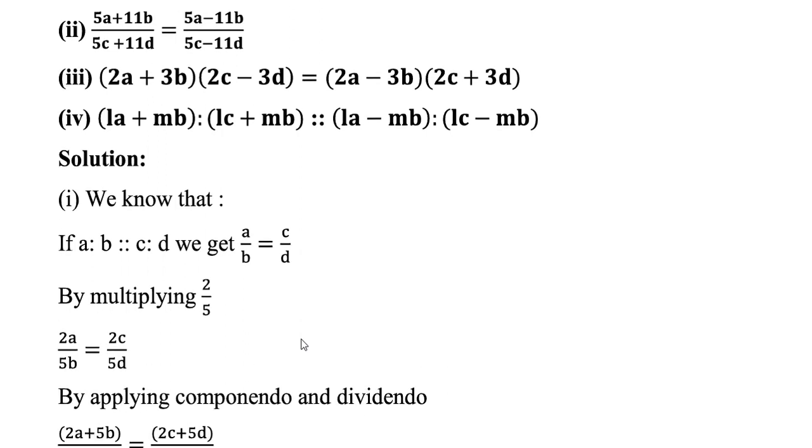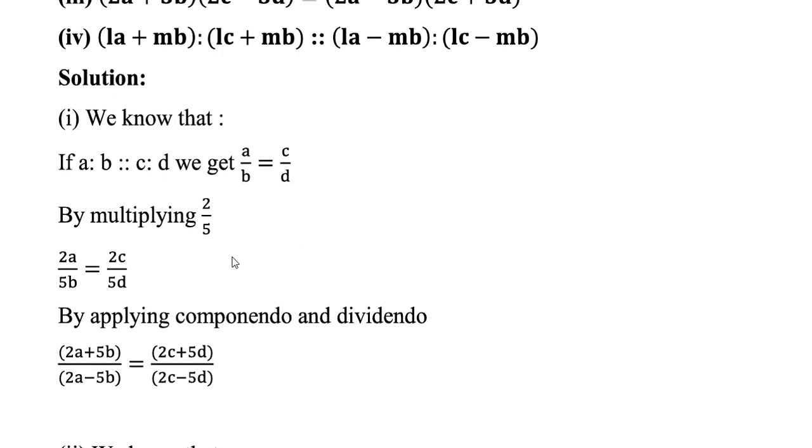Multiplying by 2 by 5, we get 2a by 5b is equal to 2c by 5d.